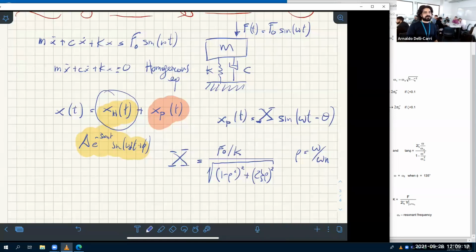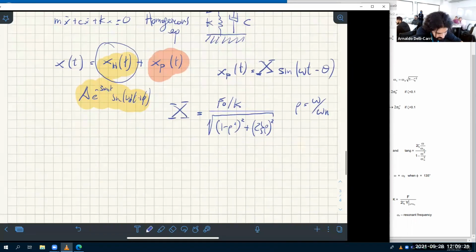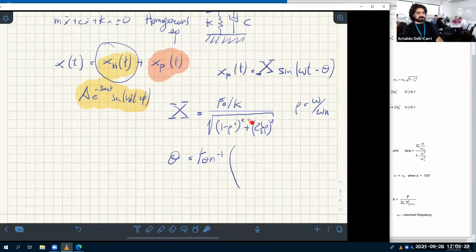What about that theta? Well, theta is the arctangent of, basically, this is a triangle. You can visualize this as a triangle. This is the Pythagoras theorem of a triangle with this edge and this edge. And so this is opposite and this is adjacent.